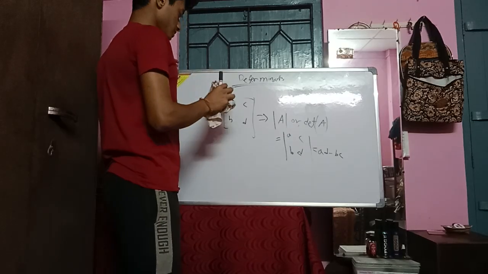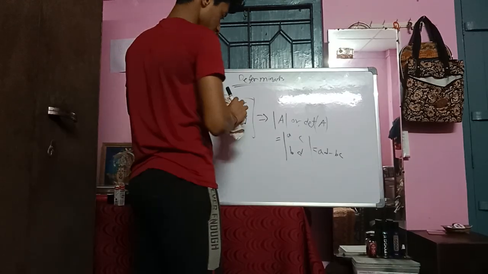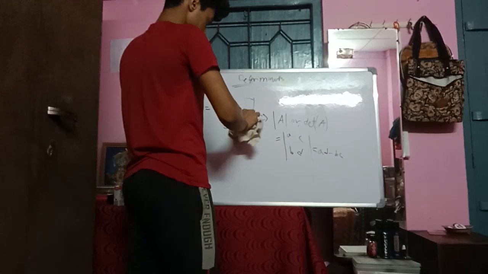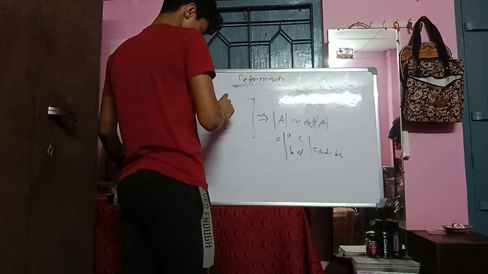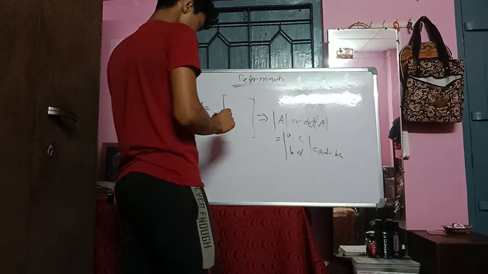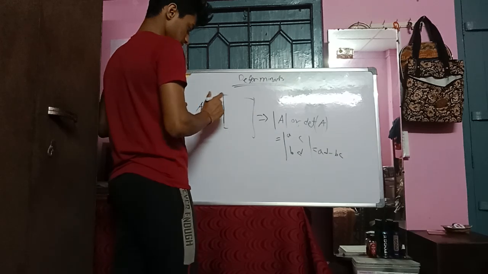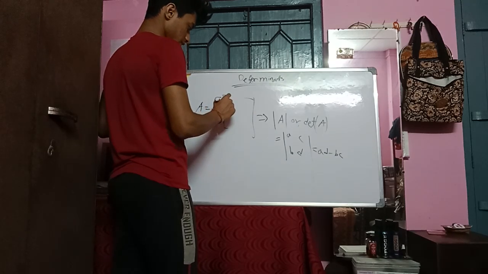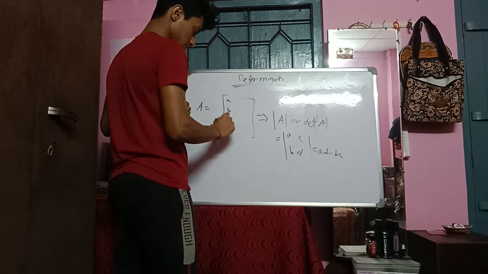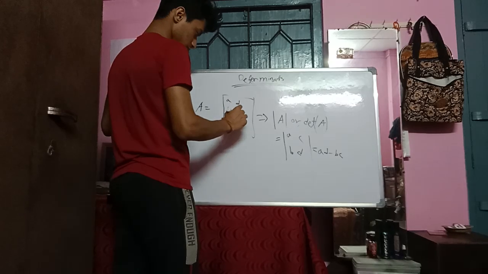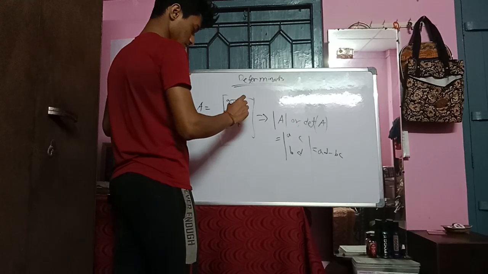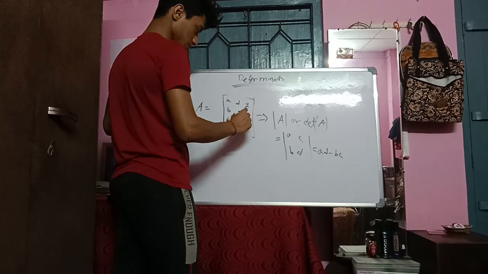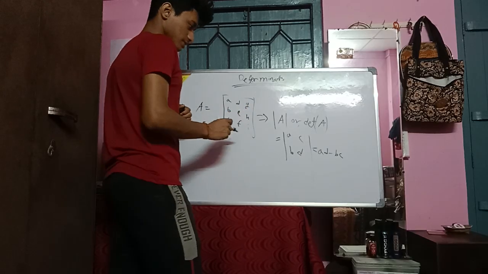Now let's say a 3 by 3 matrix, with the elements A, B, C in the top row, D, E, F in the second row, and G, H, I in the third.